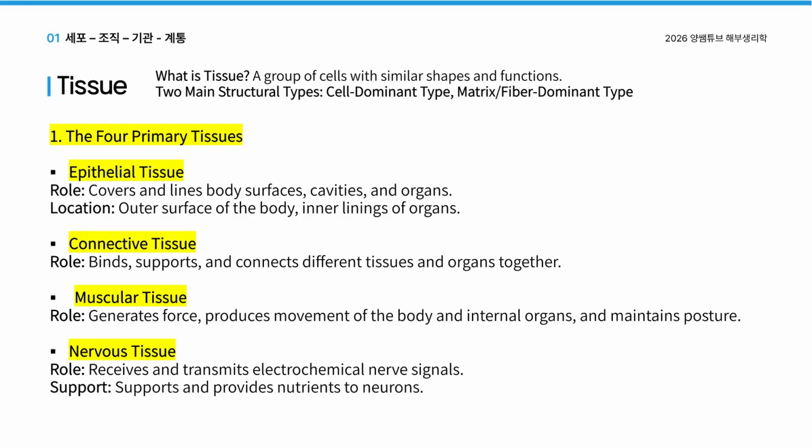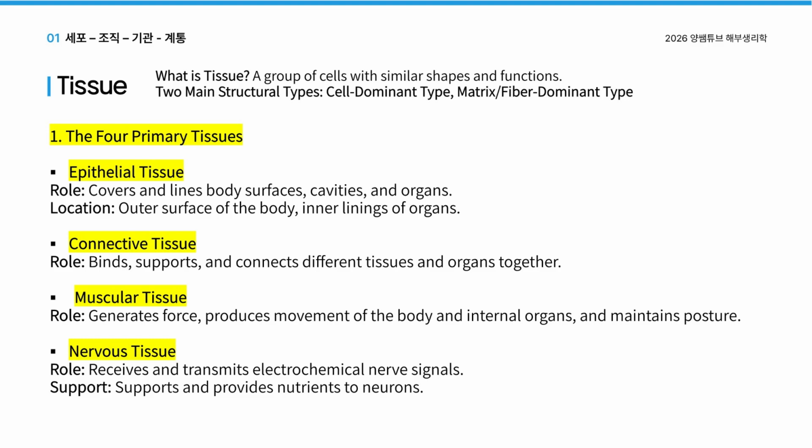Second, connective tissue. Its job is right in the name. It binds and supports. It connects different tissues and organs, acting like the glue and framework of our body. Third, muscular tissue. This tissue is all about movement. It generates force to move our limbs and internal organs, and it also helps us maintain our posture.